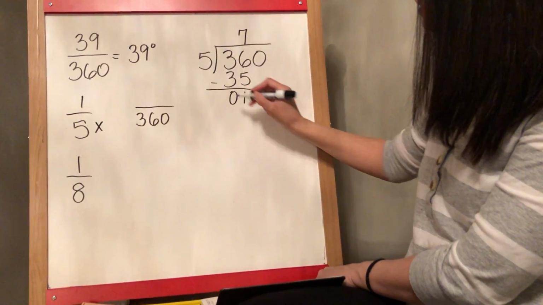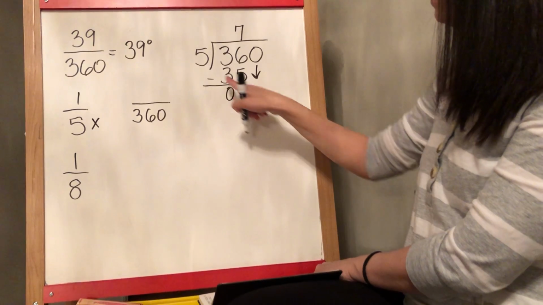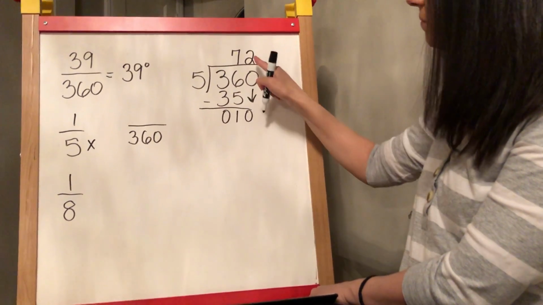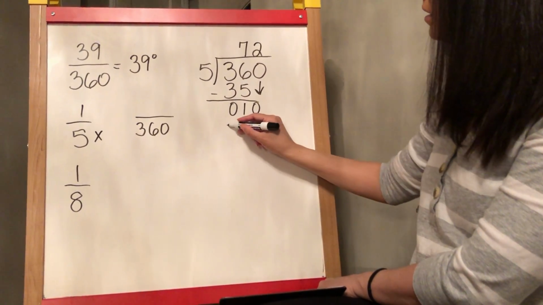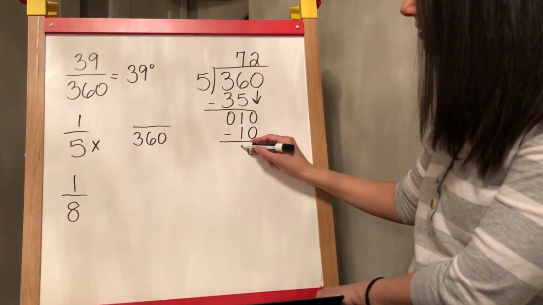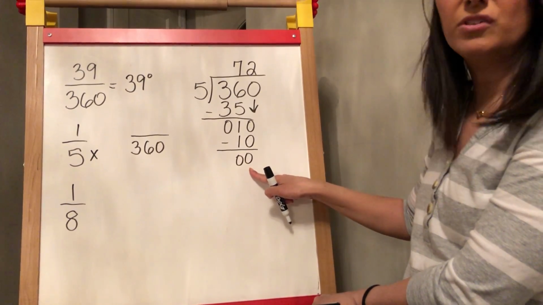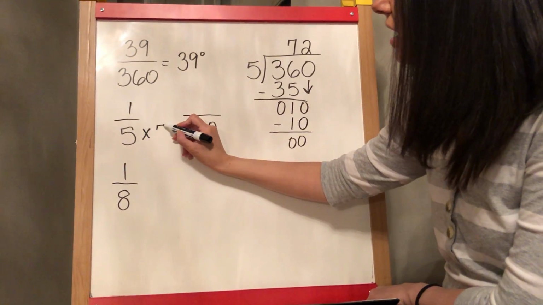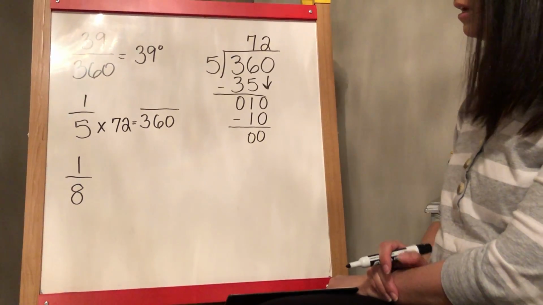Bring down the 0. 10 divided by 5 is 2. Divide, multiply. 2 times 5 is 10. Subtract. That's 0. I don't have anything else to bring down. I have no remainder. So it's 72. So 5 times 72 is going to give me 360.